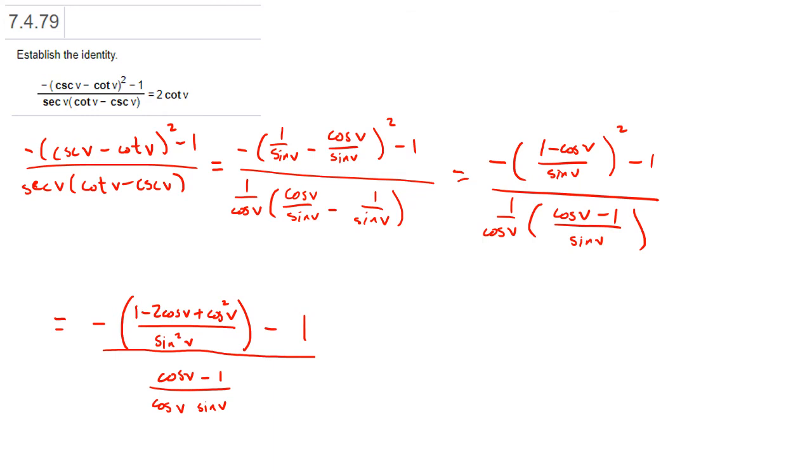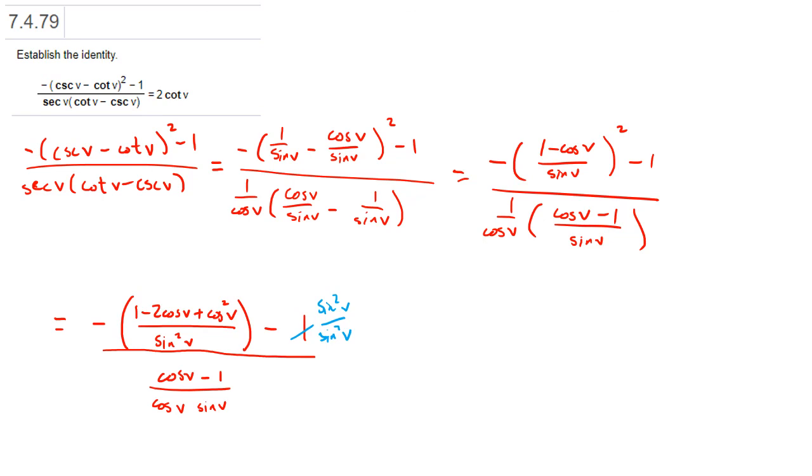So there are a couple of things I could do at this point. I'm going to look at my overall numerator, in other words, all of this, and give it a common denominator. This term has denominator sine squared, so I'm going to give this a denominator sine squared. In the interest of saving space, I'm just going to mark it like that, and instead of calling this 1, I'm going to call it sine squared v over sine squared v.